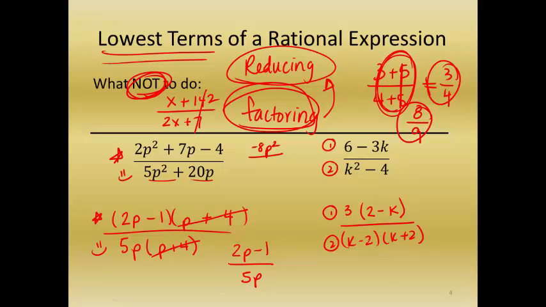They are opposites. And in order to represent opposites, we will reduce with a negative 1. So that negative 1 gets multiplied by the 3 that remains, and the k plus 2 also remains. And this is the lowest terms of that rational expression.